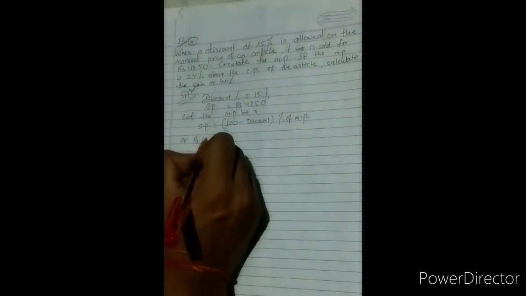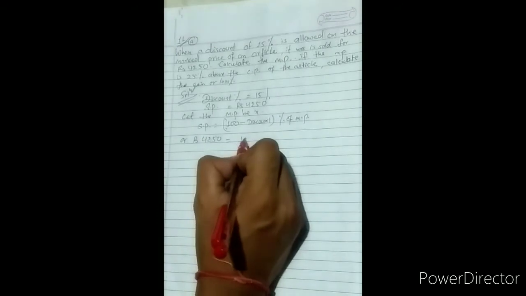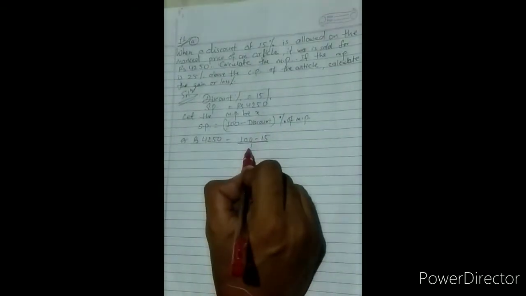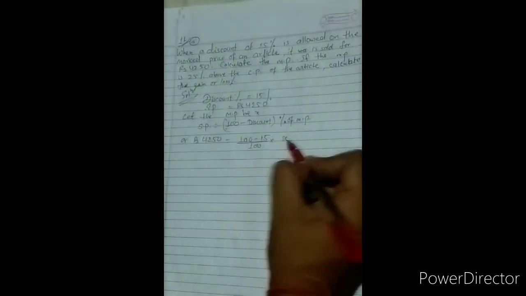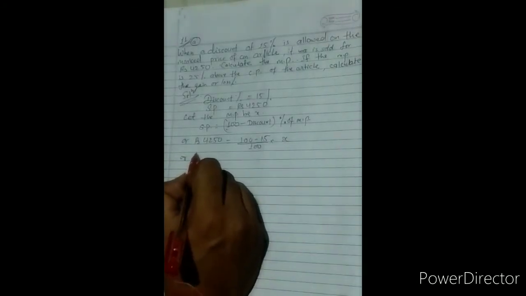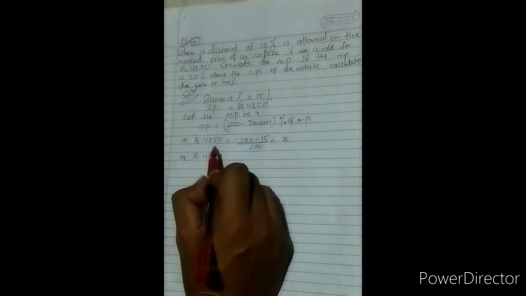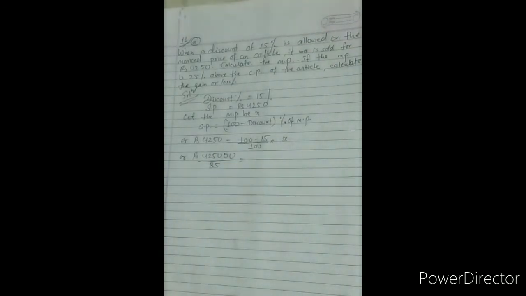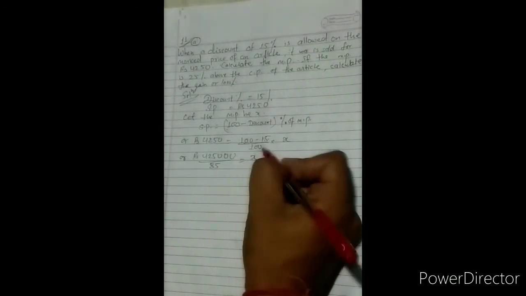You can use MP minus discount percent of MP also. 4,250 is equal to 100 minus 15, because discount percent is given there 15%. Now to remove this percent, we can divide by 100, where mark price is X. Now this 100 can be multiplied to 4,250, so 425000. Now 100 minus 15 is 85. That 85 can be taken as a denominator on the left side, is equal to X.